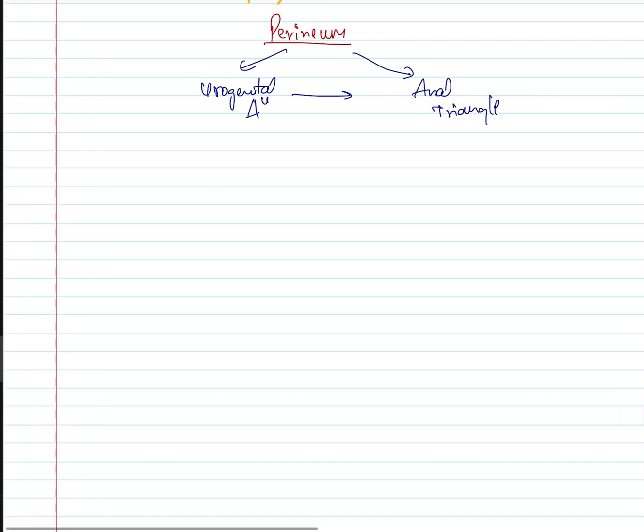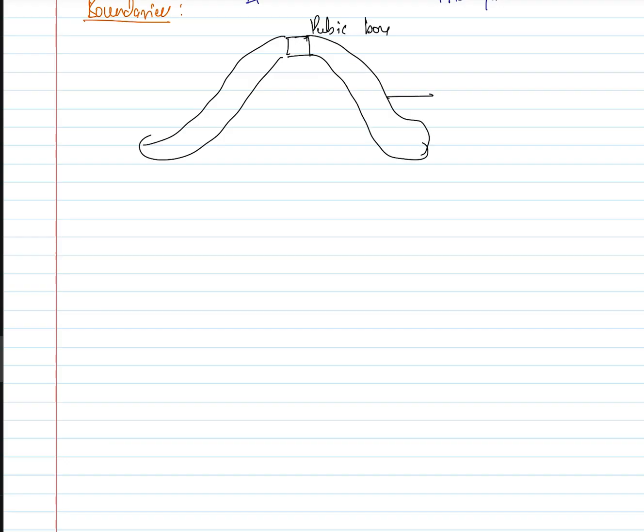So I'll just start with the boundaries of the perineum. In the front it has a pubic bone. Next to the pubic bone is your ischiopubic rami on both the sides. And here, backside, is your sacrum and coccyx.